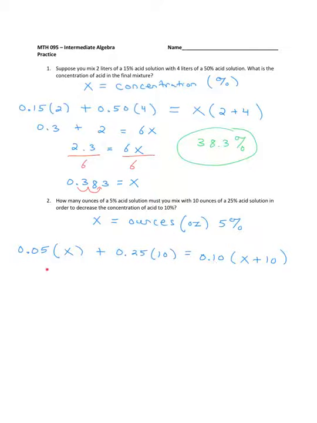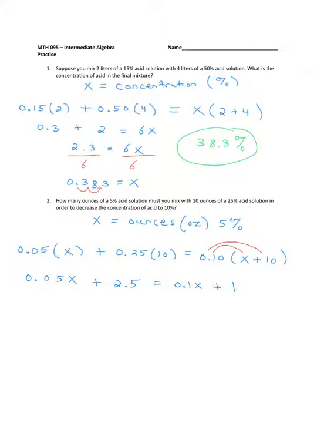And I now want to solve this equation for x. So let's see. On the left, I get 0.05x. 0.25 times 10 is 2.5. And on the right, I have to distribute in the 0.1 to both terms. That gives me 0.1x, and 10 times 0.1 is 1.